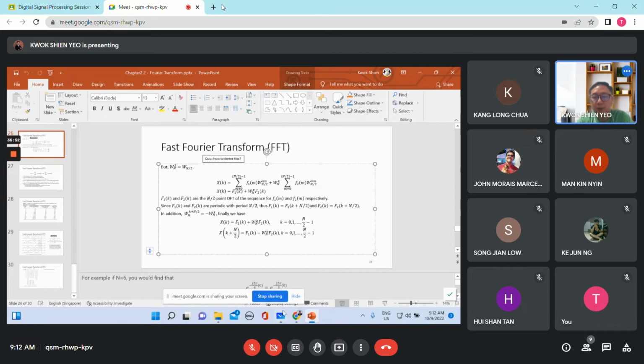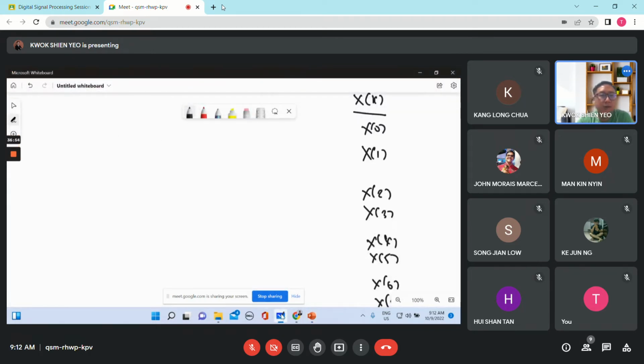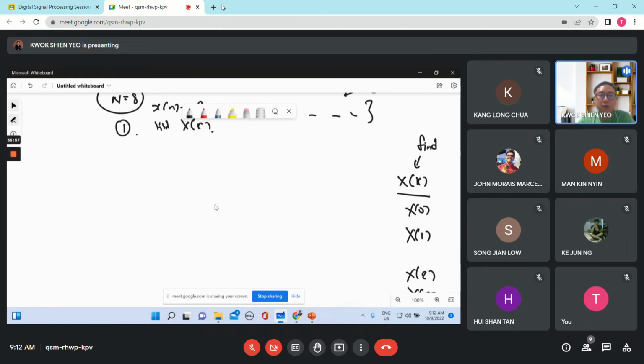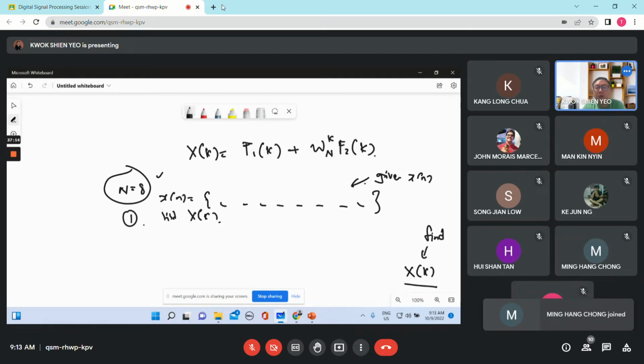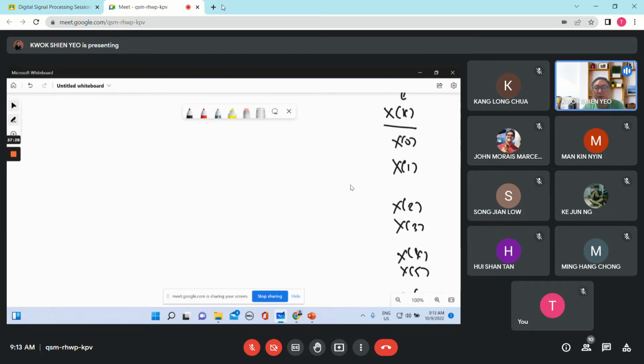So I write down here, according to the theory, Xk can be written as F1k plus W_N^k F2k. So I'm going to break it down into F1 and F2. So here I write Fk.